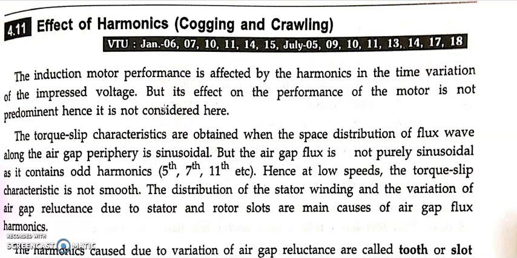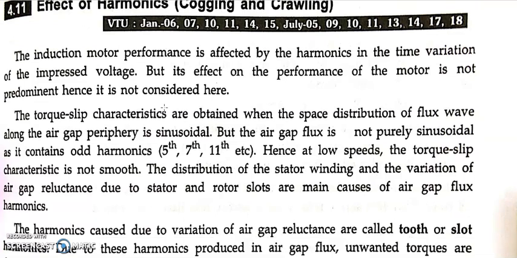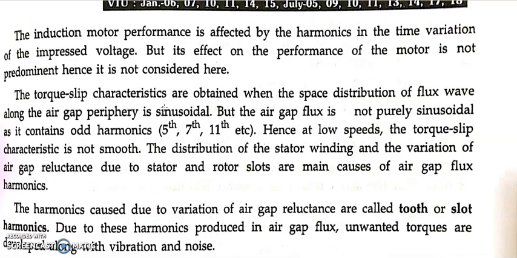Harmonics are introduced because of the presence of slots in the stator as well as rotor, which makes unevenness in the gap between the stator and rotor slots. That causes the introduction of harmonics in the torque slip characteristics, or harmonics in the motor.